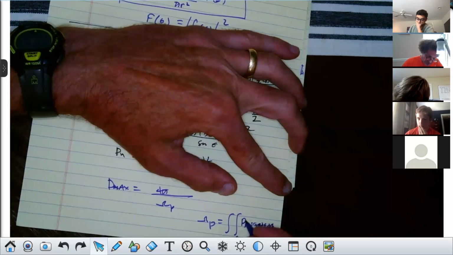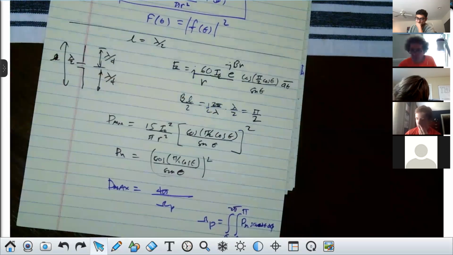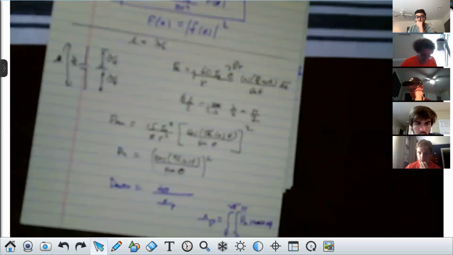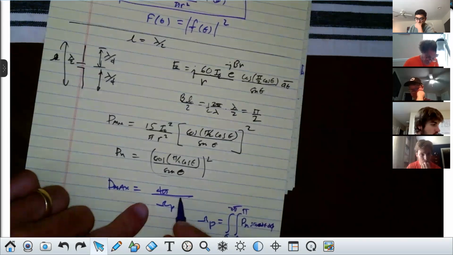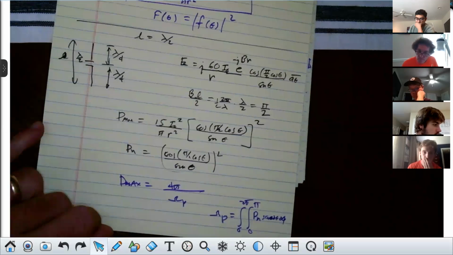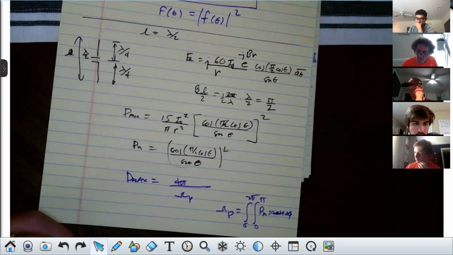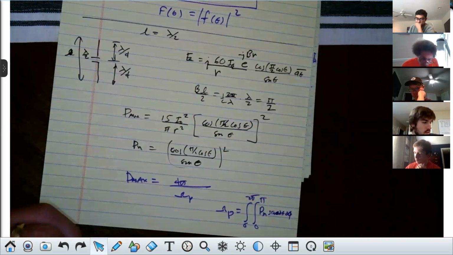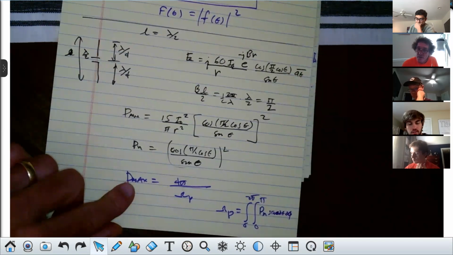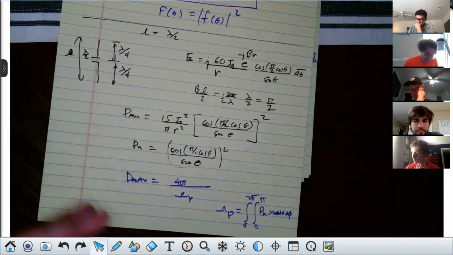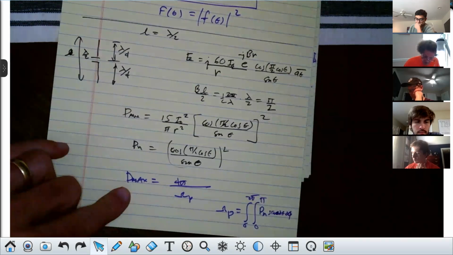Theta would go from 0 to pi. Phi would go from 0 to 2 pi. Do y'all remember that, class? This was in the last homework assignment. This is D max. That's calculating the maximum directivity or gain.